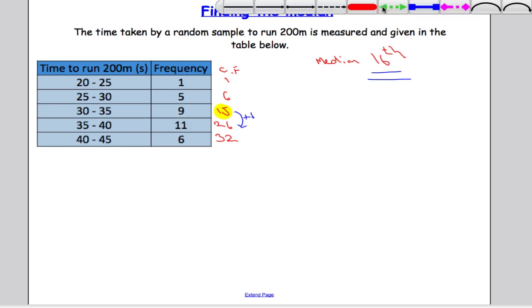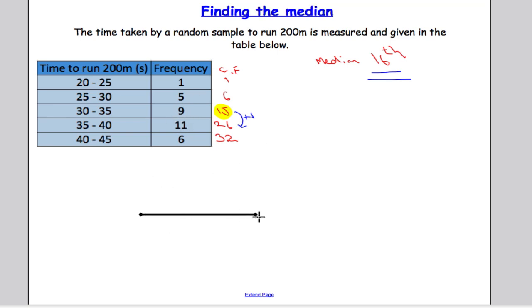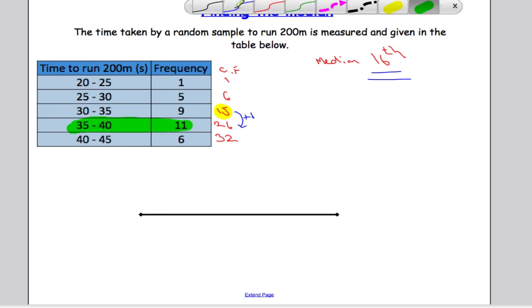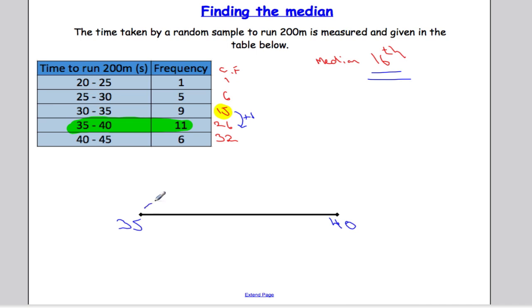So let's take a look at this interval here. So I'm now concerning myself with this here. Okay, now I know that this interval goes from 35 all the way up to 40. So the class width in total is 5.